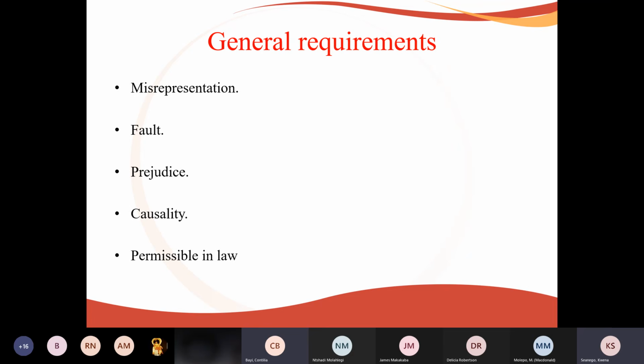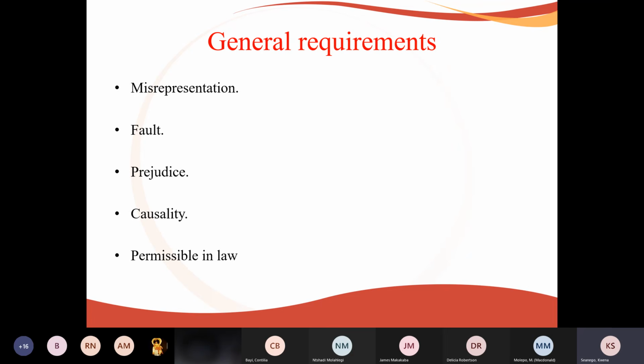Oh, sorry. You can just look at the examples in permissible in law, and come up with scenarios that let you test specific requirements of Estoppel, and use the facts in the cases that we discuss in the study guide.